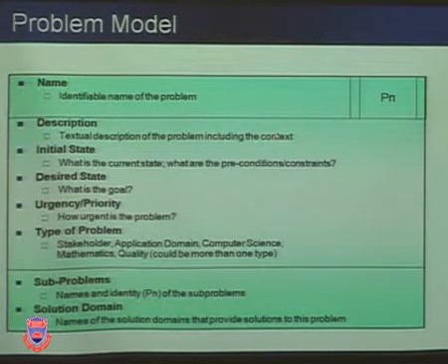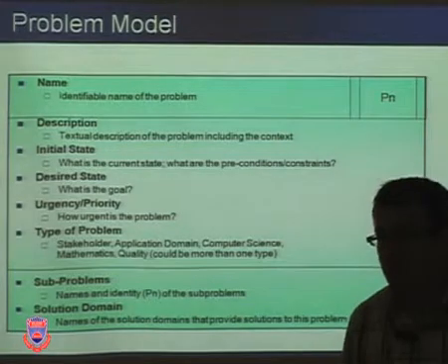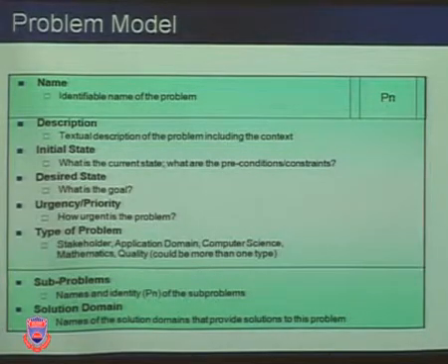Description of the problem, including the context, the initial state, what is the current system, state of the current system, the desired state. So we don't have concurrency control. We need to add concurrency control. How urgent? What's the priority?